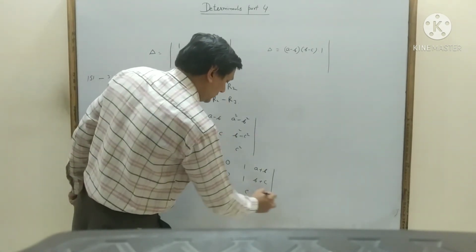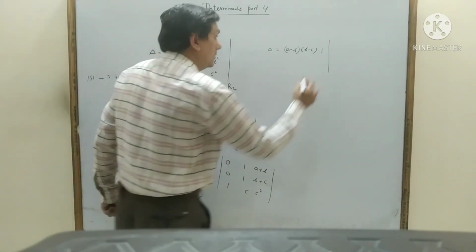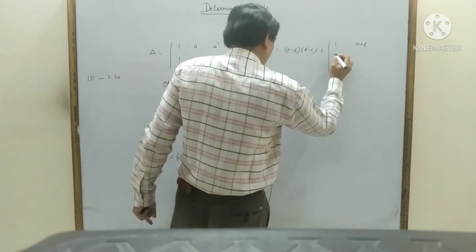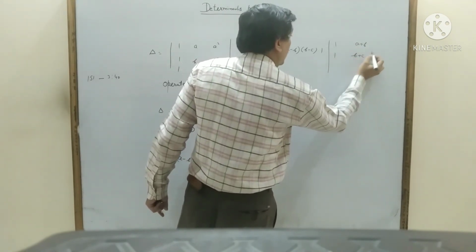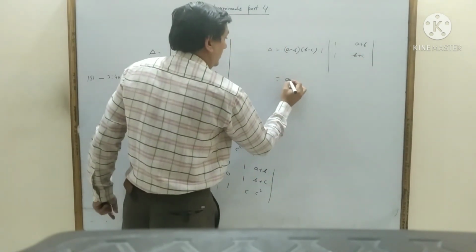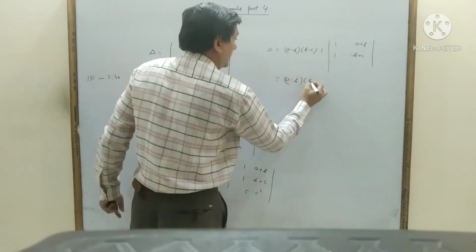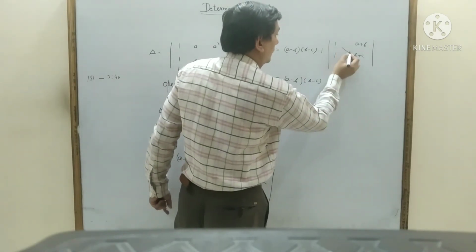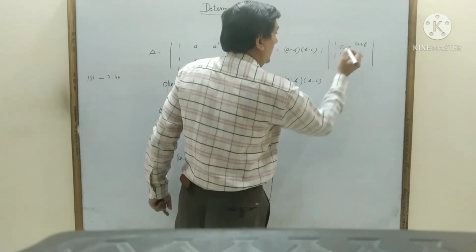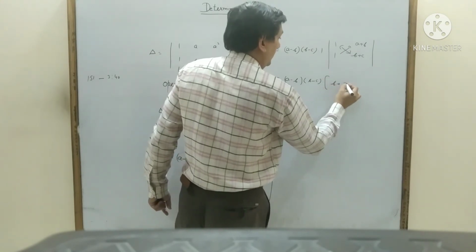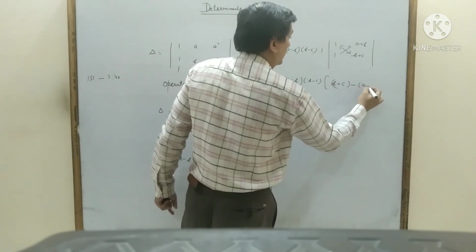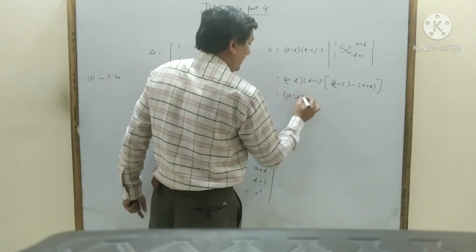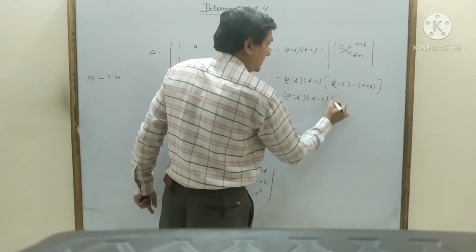Imagine to have 1 on plus sign on 1, with the minor 1, a plus b; 1, b plus c. Now we can easily find out the value of the determinant: 2 by 2, b plus c minus a plus b, multiplied by 1, a minus b, b minus c, and c minus a.